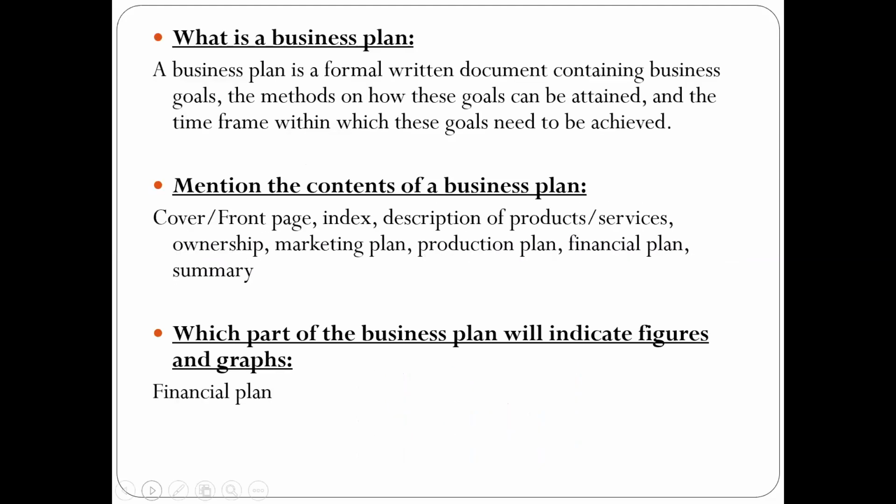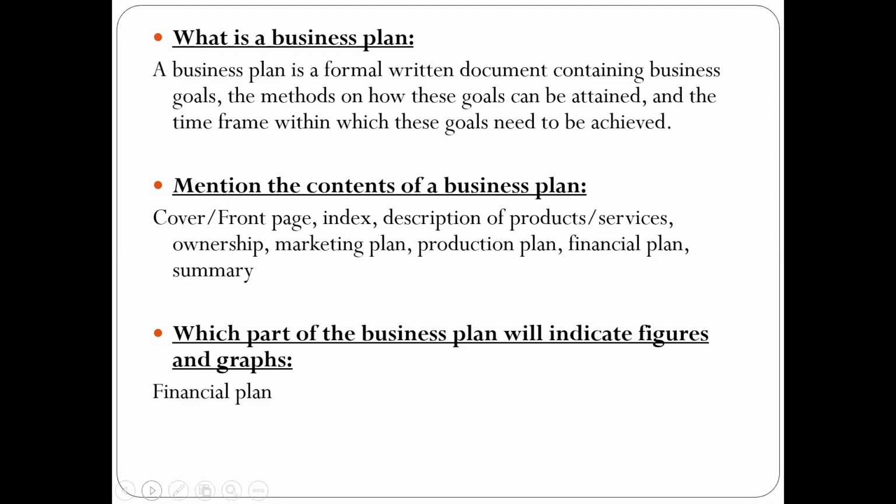Right, so there is the first one. What is a business plan? Now here you have to see what you have written. Your words don't have to be exactly like mine, but the meaning of it must be the same. For 2 marks. A business plan is a formal written document.